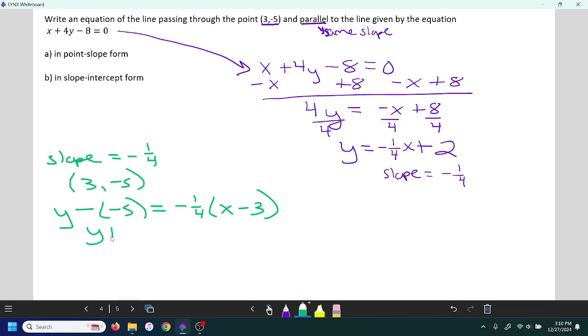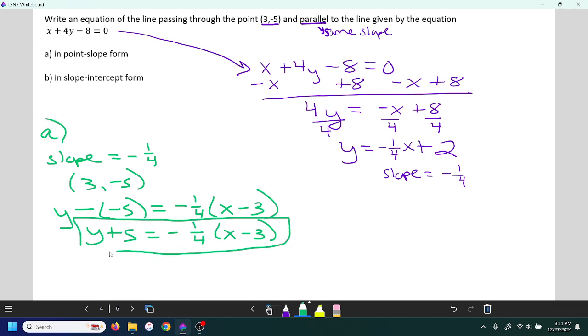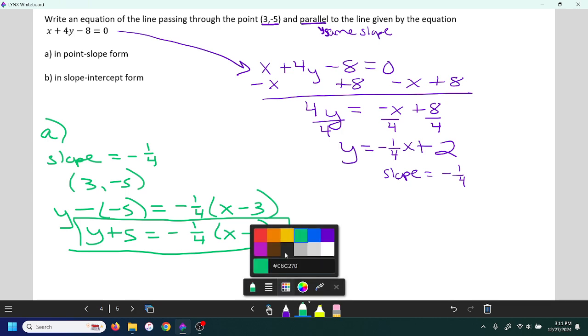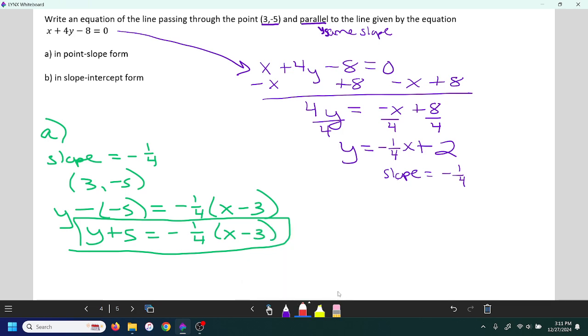And we can write the left side as y plus 5, and it's still considered point slope form. So part A here was asking for point slope form. That's what we have here.